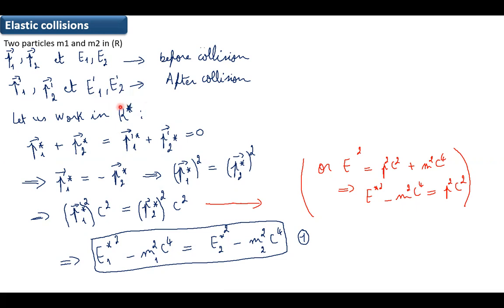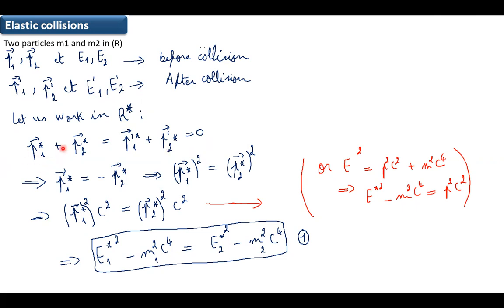If we go to R star, just remember that R star is the frame attached to the center of mass. In this frame R star, you know that by definition, the sum of 3D momentums is 0.